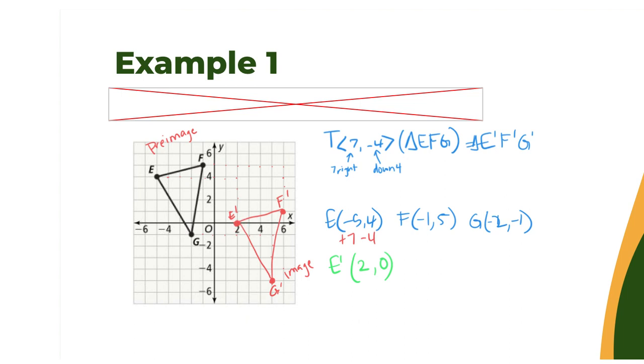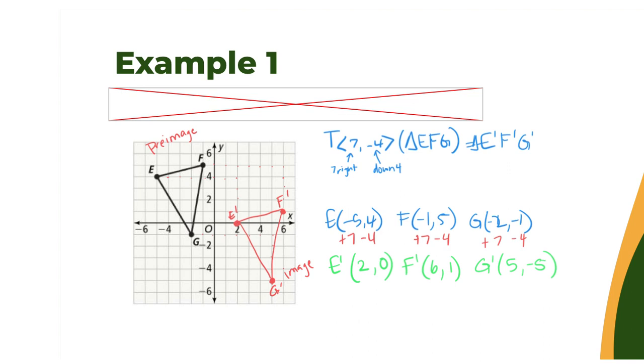You guys are really welcome to do whichever way you like. Plus 7, minus 4, plus 7, minus 4. So F prime is going to be at the point: -1 plus 7 gives me 6, and 5 minus 4 is 1. And then G prime would be -2 plus 7, which is 5, and -1 minus 4 is -5.